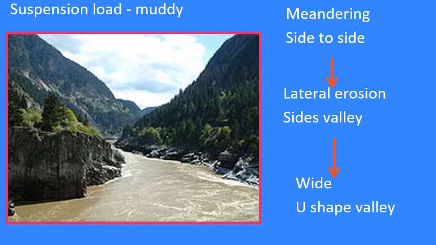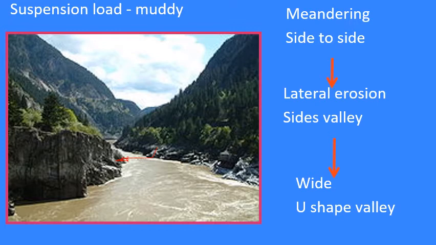Now, as this river is meandering and looping and winding from side to side, it begins to erode the sides of the valley. In other words, as it's winding over, it'll erode here and it'll erode over here on the side. So in the mature stage of the fluvial cycle, the river erodes laterally. There is lateral erosion.